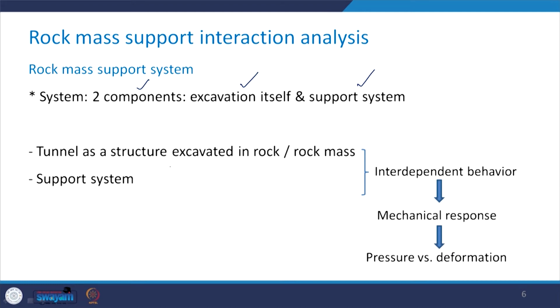So, these are the two components of this rock mass support system. Their behavior is interdependent, especially in terms of their mechanical response with respect to the pressure versus deformation behavior.